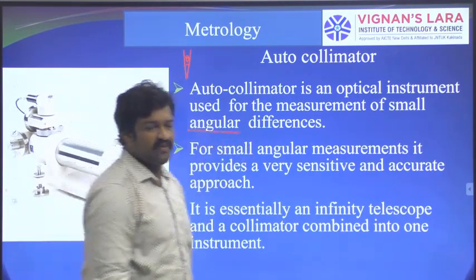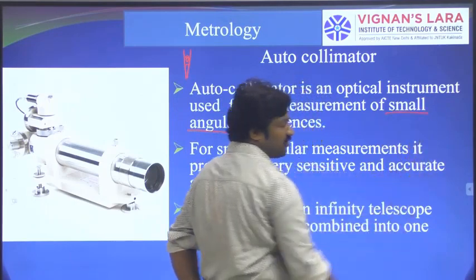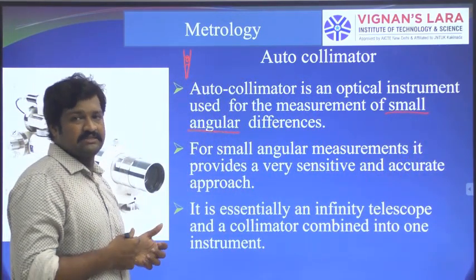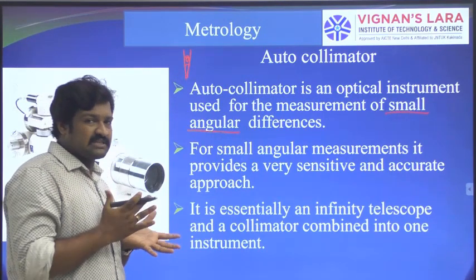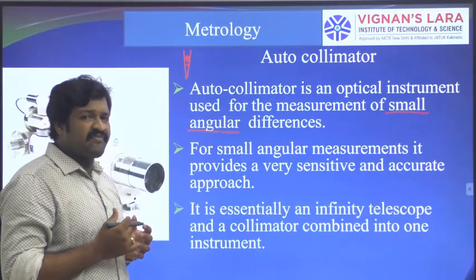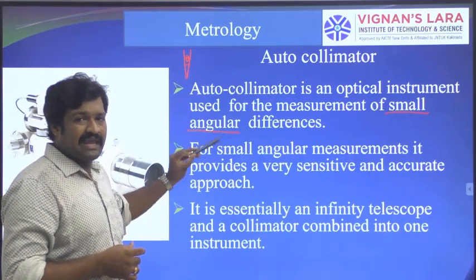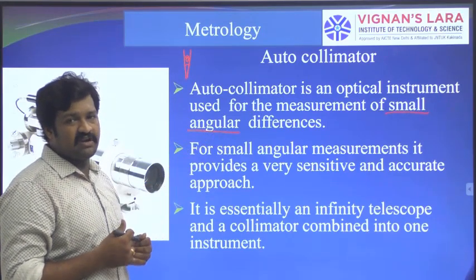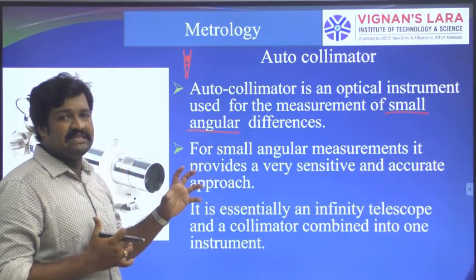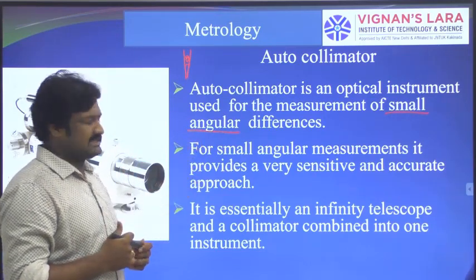For very minute angles, we cannot measure them by means of angle gauges. In the earlier classes we discussed angle gauges for the measurement of angles. By means of angle gauges, if the angle is very small, it is very difficult to identify it. By means of these autocollimators, we can easily identify those small angles.